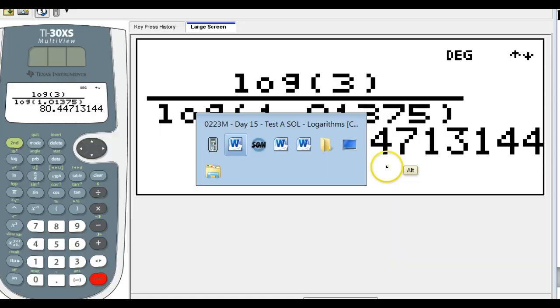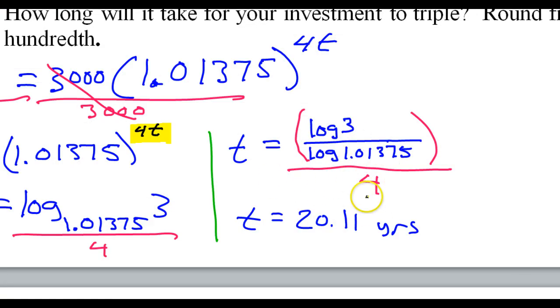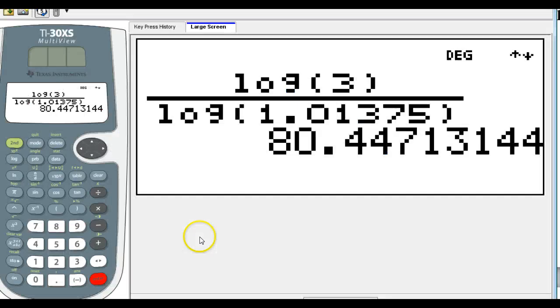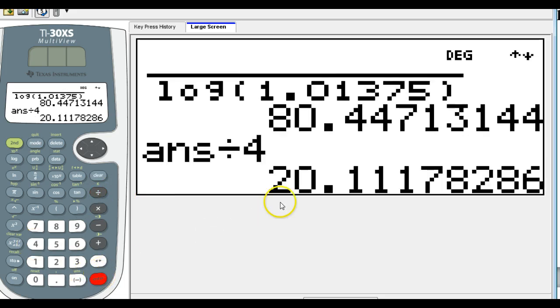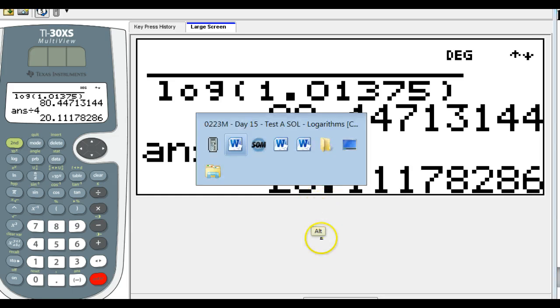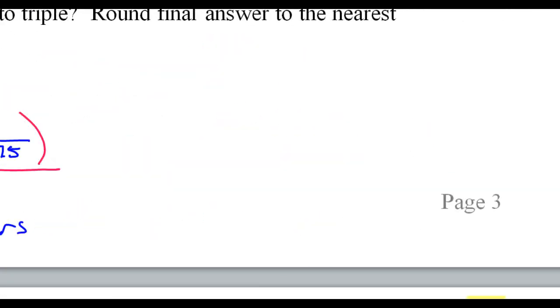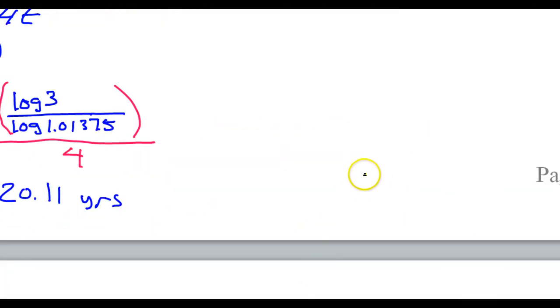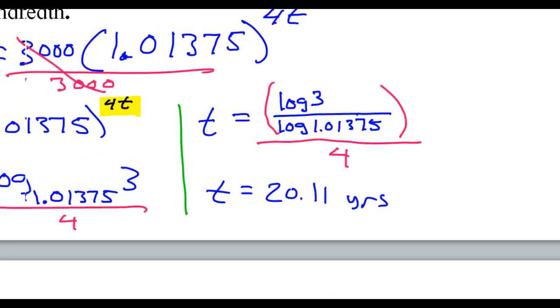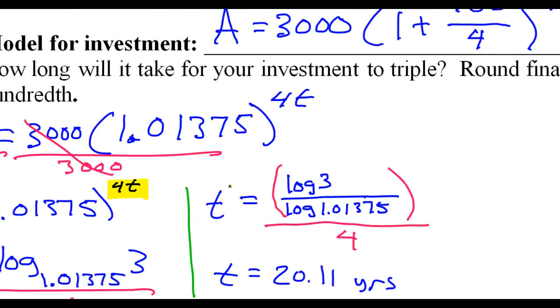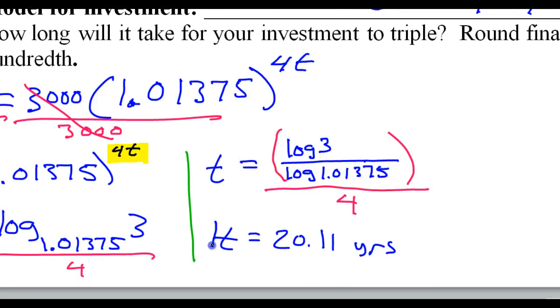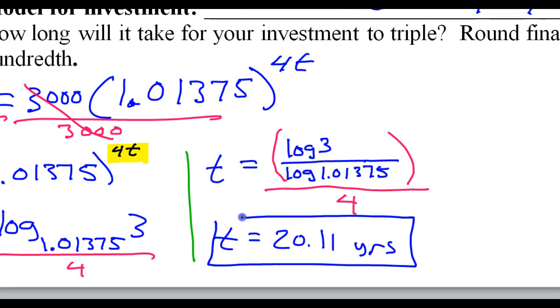But don't round this, because then you have to take that and divide by 4. And there's your 20.11. Whichever you prefer. So that's the answer. It just says how long, so that just means t.